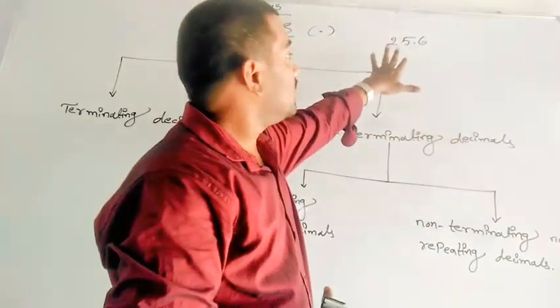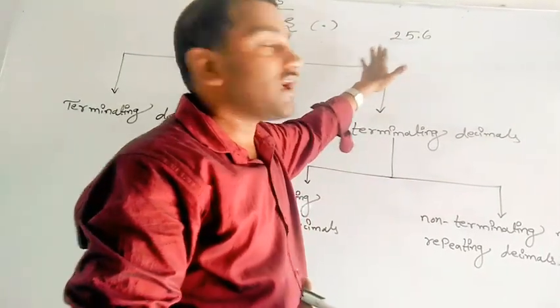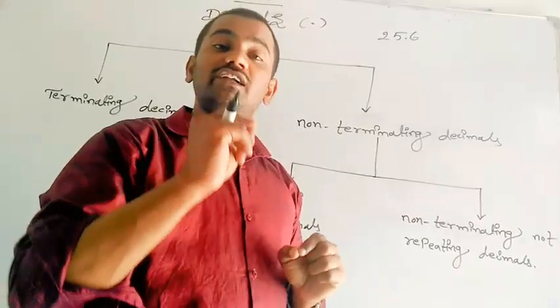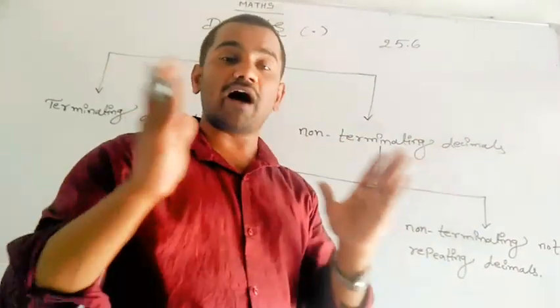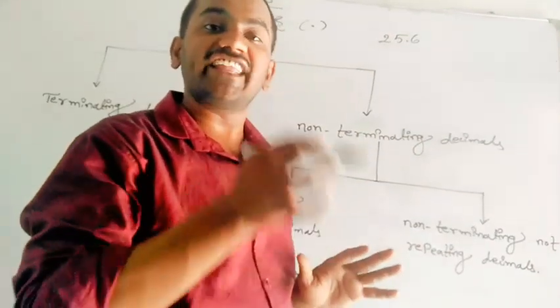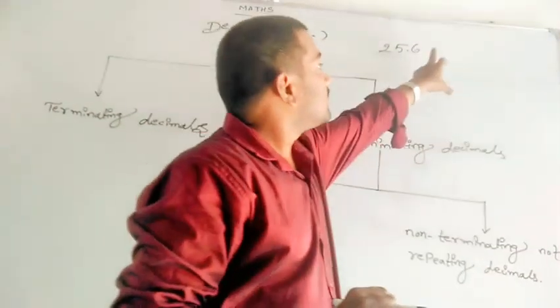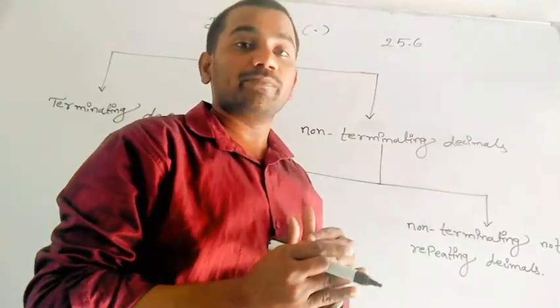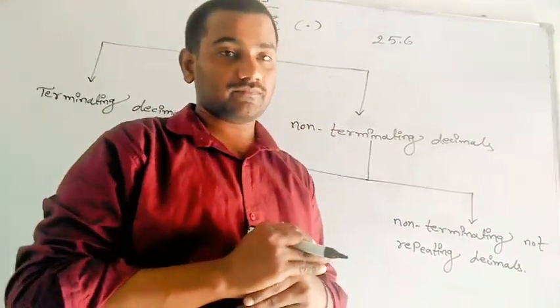This 25 is the whole part and this 6 is the decimal part. So the decimal point divides the number into two parts. The left side part is known as the whole part or integer part, and the right side of the decimal point is known as the decimal part.